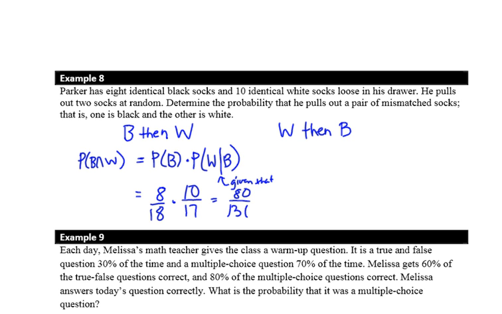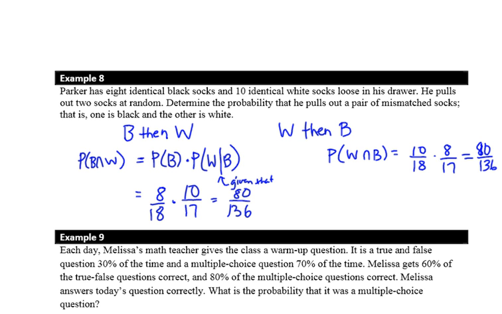Good. 136. So black then white, or white then black. Would the probability be different or the same? It should be the same. We have 10 out of 18 for white first, times there are now still 8 out of 17, which still works out to be 80 over 136.